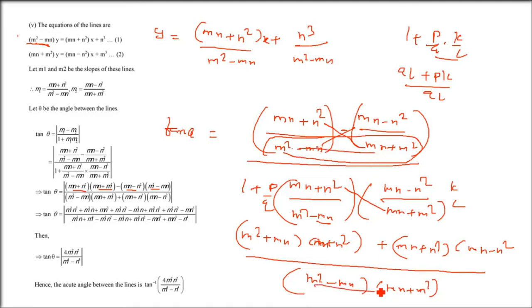These two get cancelled. So you have mn plus n square into mn minus n square. Denominator also you saw this. So in the denominator you have m square minus mn and mn plus m square, and then the second part is mn plus n square into mn minus n square.